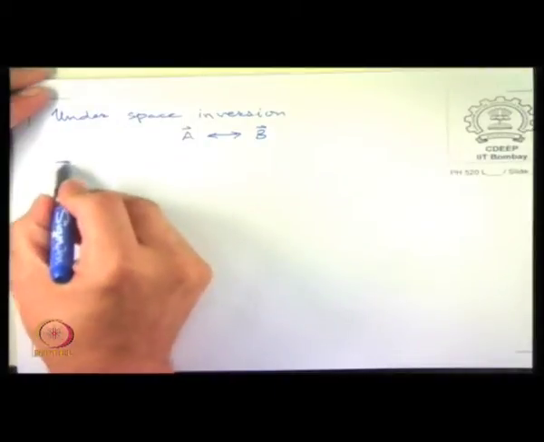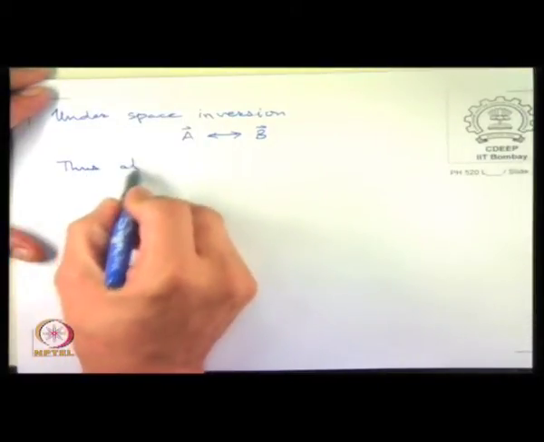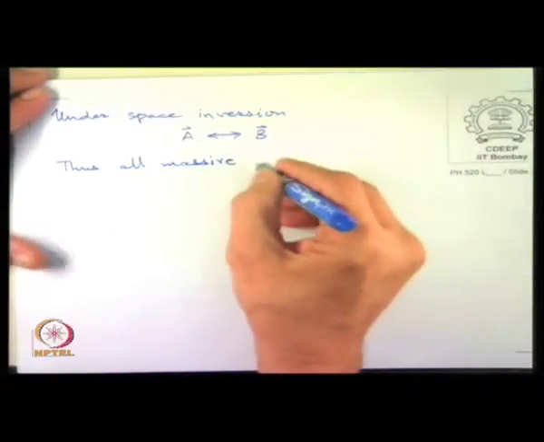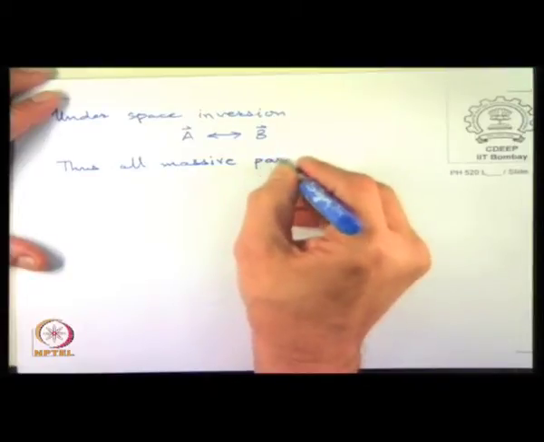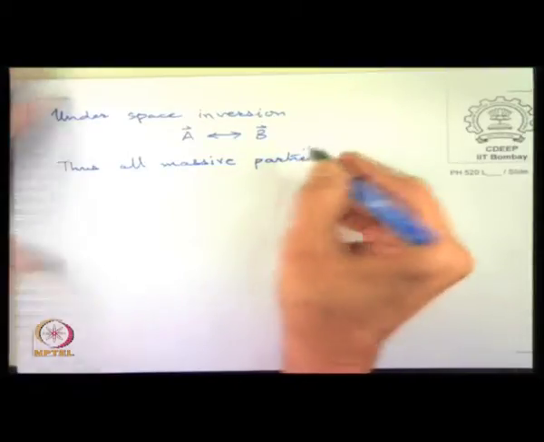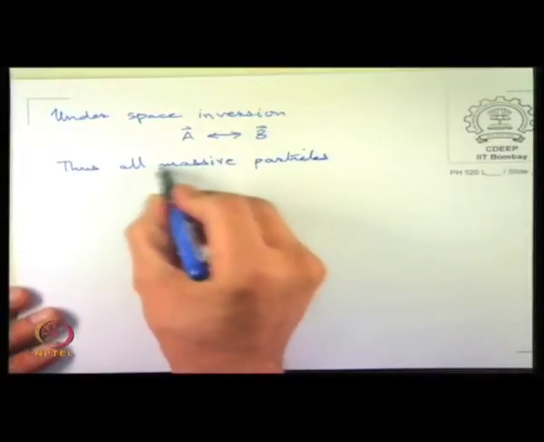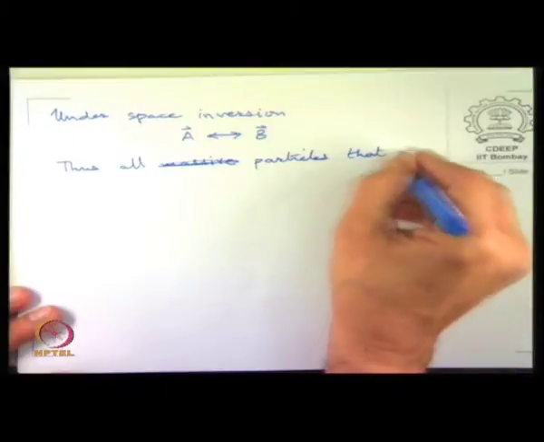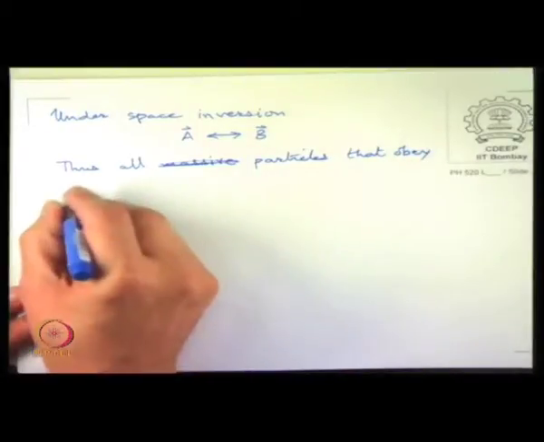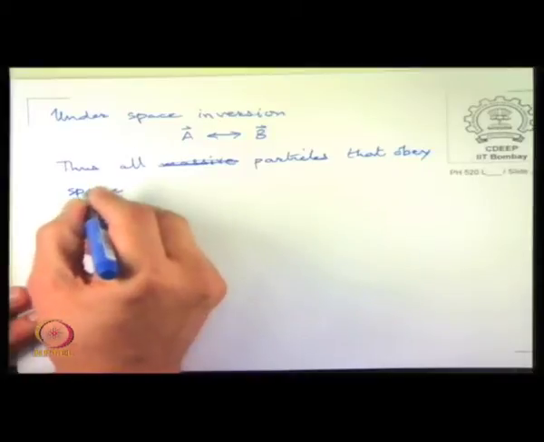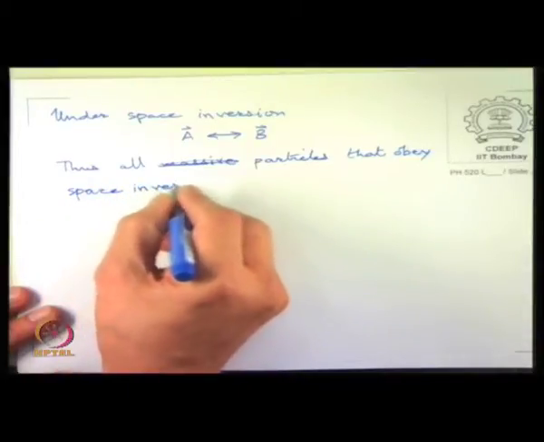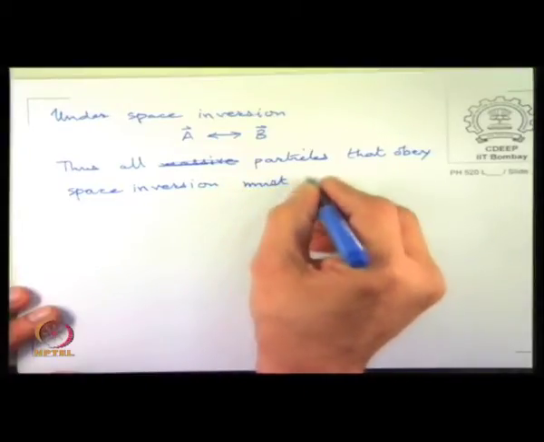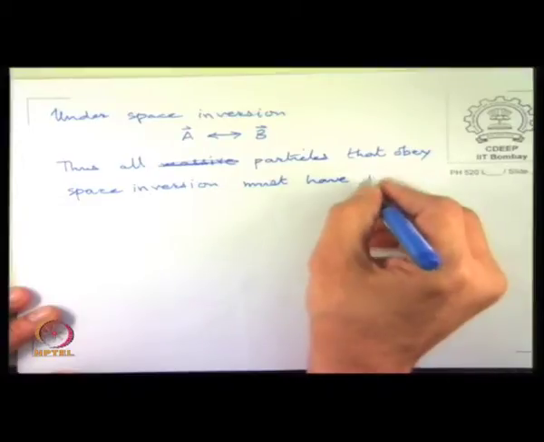Thus, any realistic particle, massive particles where we can demand this, well, actually we need not say. So, all particles that obey space inversion must have JA equal to JB.